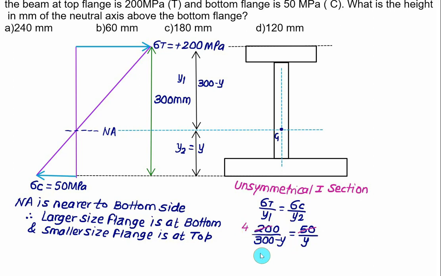So we have 4 times y is equal to 300 minus y, that is, 5y is equal to 300. It means the required distance of the neutral axis from the bottom flange is equal to 300 by 5, that is 60 mm. So our answer is 60 mm, which means choice B is the correct choice.